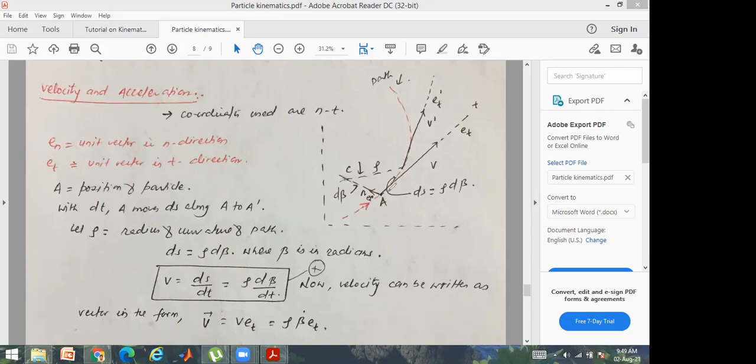To find tangential velocity, I'll draw a tangent to this red curve. Similarly, to find the normal component, I'll draw a normal line which should face towards the center of the curvature. Let me represent en, the unit vector in n direction, and et, the unit vector in t direction.